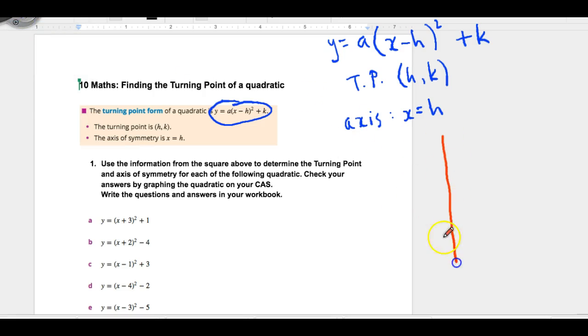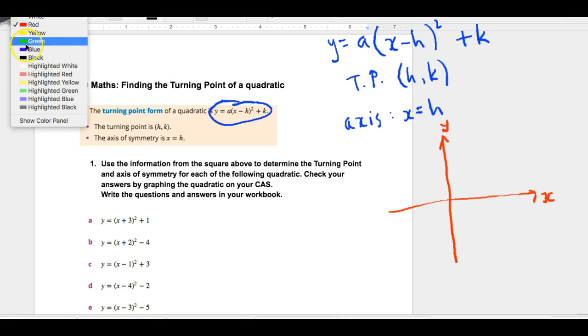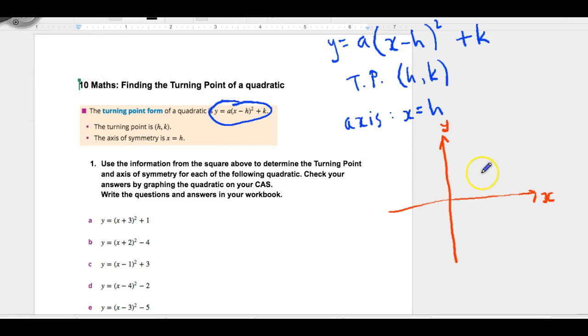So we have our axes. Okay, so we have, oops, come on. I think I pressed the button. X, and we have a y. So when we graph it, and I'm just going to graph a random one here, there's our parabola. This point here is our turning point.